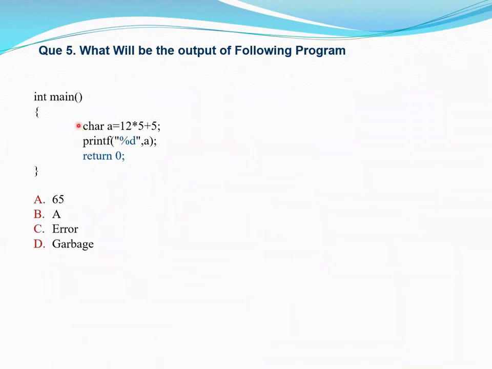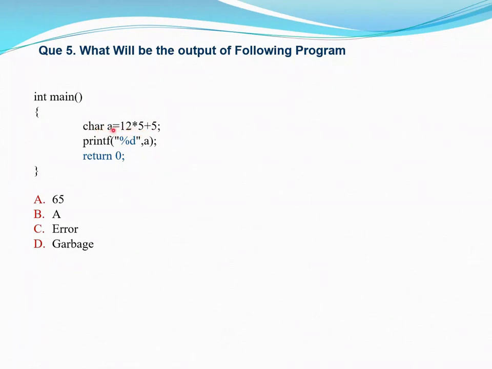So in this program, a character variable A is declared and it is initialized with an integer expression, which is equal to 12 into 5 plus 5, that is, the value of this expression is 65. Hence this statement becomes char A equals 65.